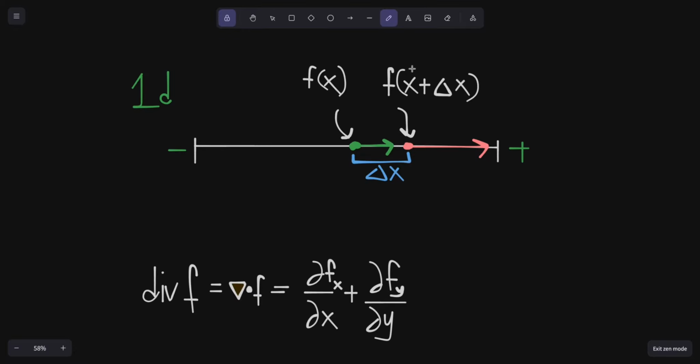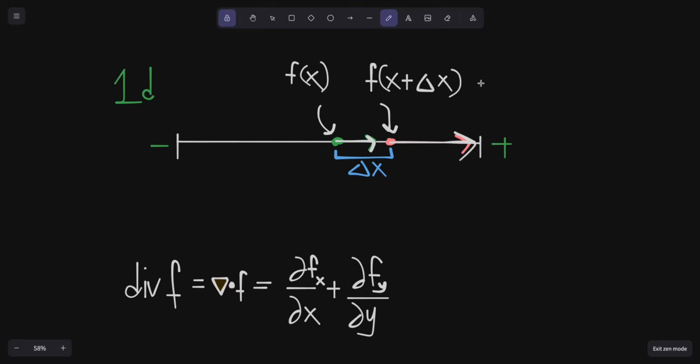Now, you can think about f of x plus delta x as the flow outwards, and you can think about f of x as the flow inwards. So what we do is subtract these two values to get the net flow. So the flow outwards minus the flow inwards gives you the net flow.